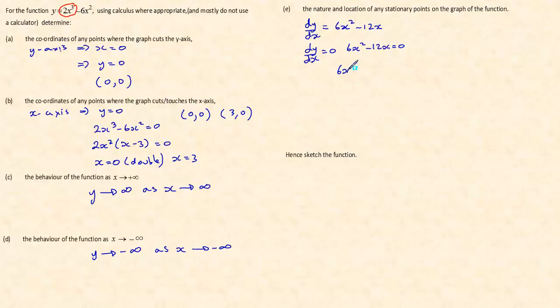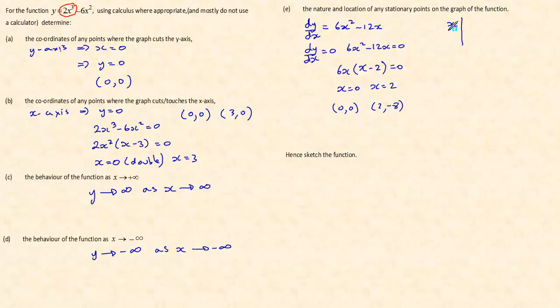We have a common 6x that we can take out, and then we have x minus 2. So when x equals 0, or when x equals 2, well, if x is 0, substituting back, we get the point 0, 0. When x is 2, that's going to be 16 take away 24, so that's going to be negative 8.